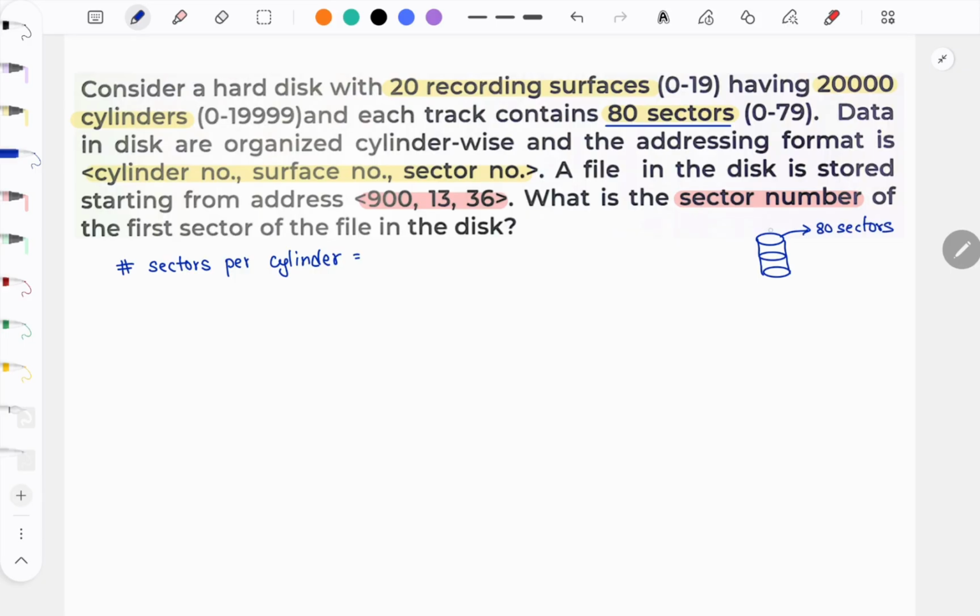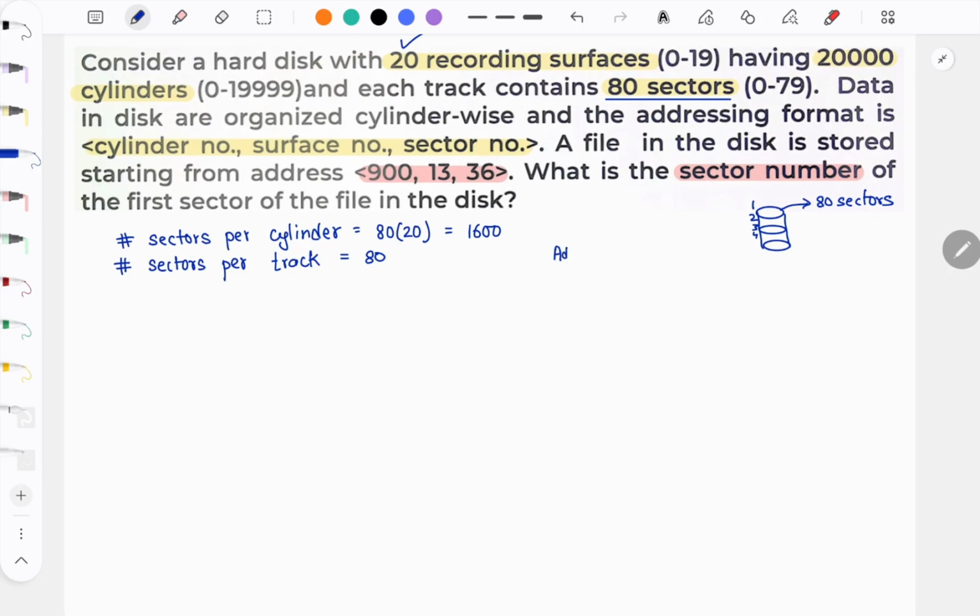One surface has multiple tracks, but in order to form a cylinder we need to consider only tracks of the same radius, and we have 20 surfaces: 1, 2, 3, 4, likewise up to 20. So we will have 80 into 20, which is 1600. In a similar way, the number of sectors per track is directly given as 80.